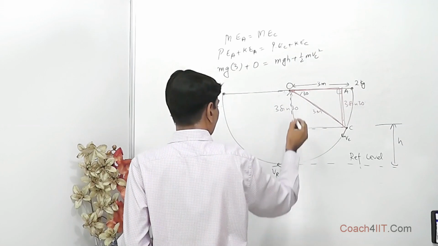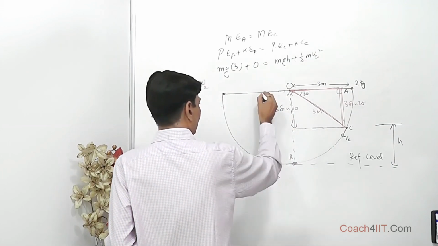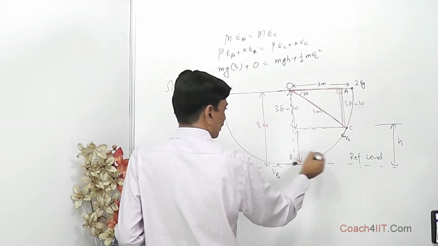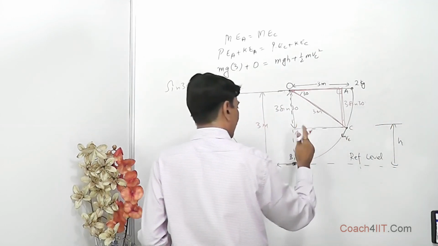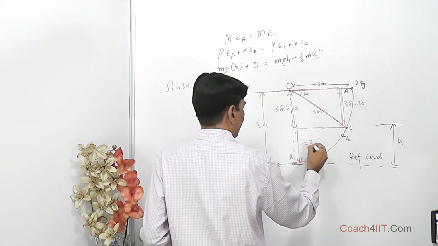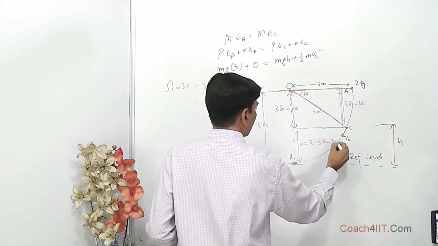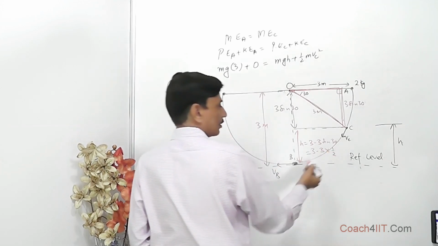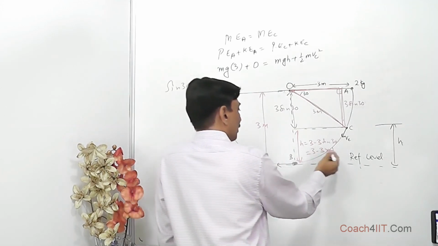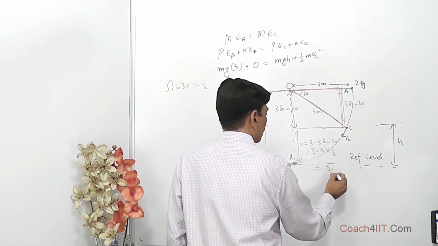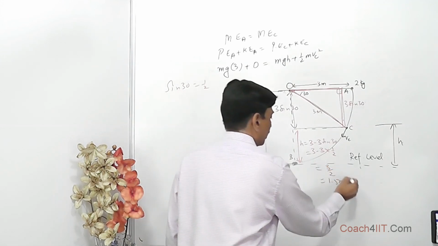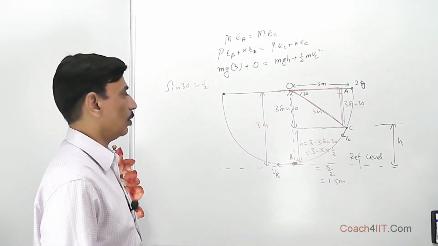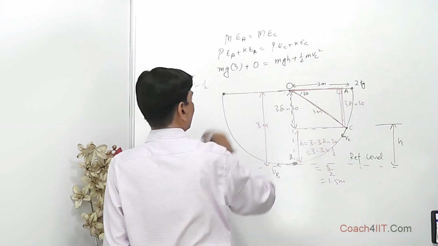From here to here this is 3 meter, so h from here to here is 3 minus 3 sin 30, which is equal to 3 minus 3 into 1 by 2, because sin 30 degree is half. So 3 minus 3 by 2 is 3 by 2, that is 1.5 meter. So we know the value of h, and now we can simply put the value of h as 1.5 meter over here and we can get the answer.